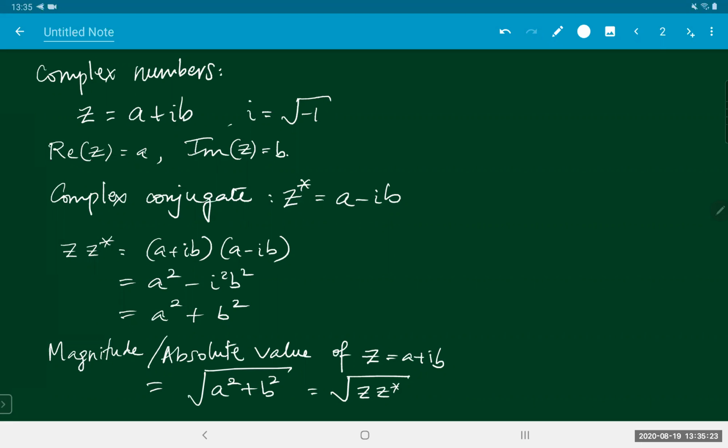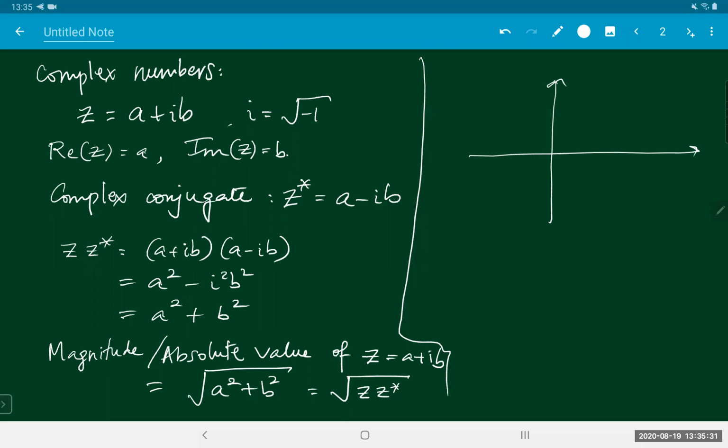What does this mean? We can draw a graph and represent complex numbers graphically, where on the x-axis we put the real part of z, and on the y-axis we put the imaginary part of z.